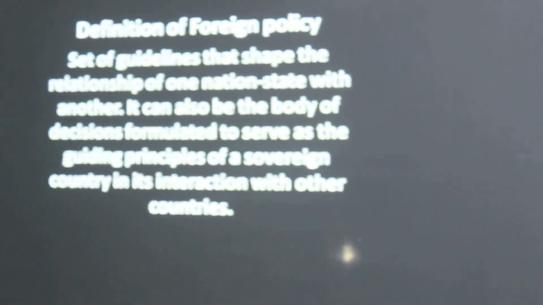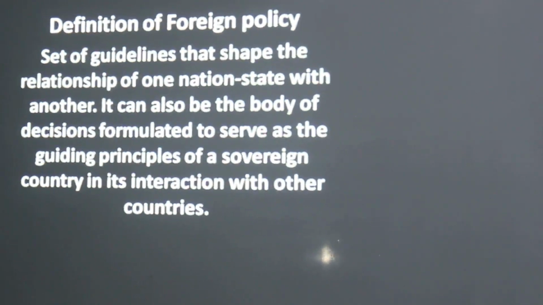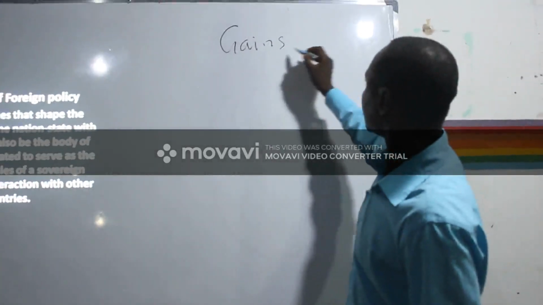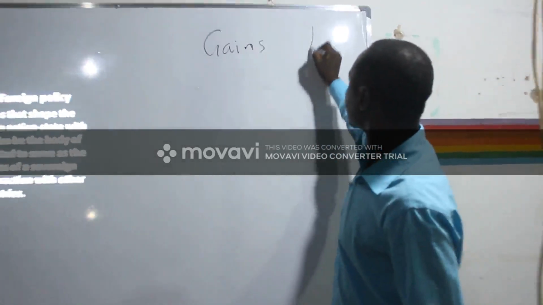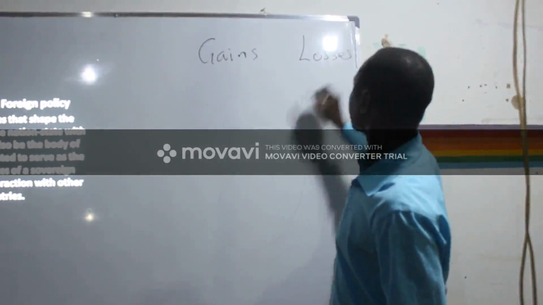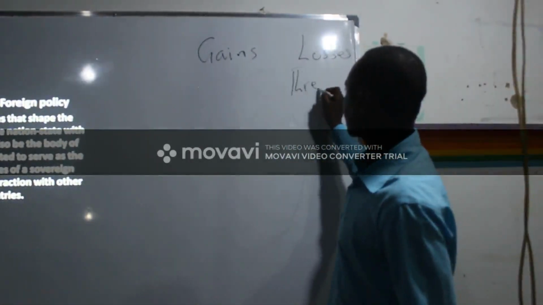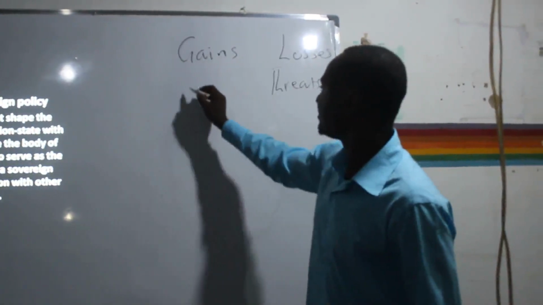Now, I want us to quickly see something that I believe is going to help us. Now, look at this. Gains. Let's see, loss is here. Let's see threats. Let's see benefits.